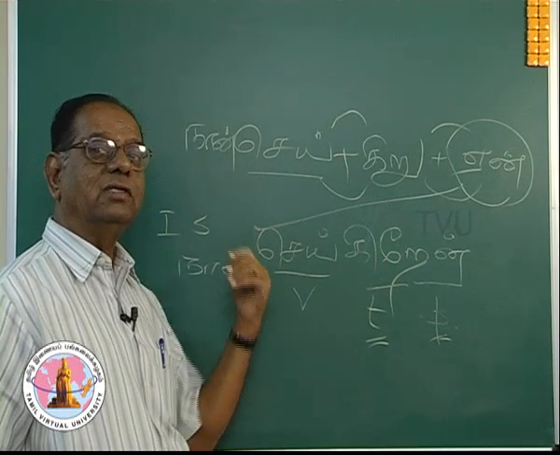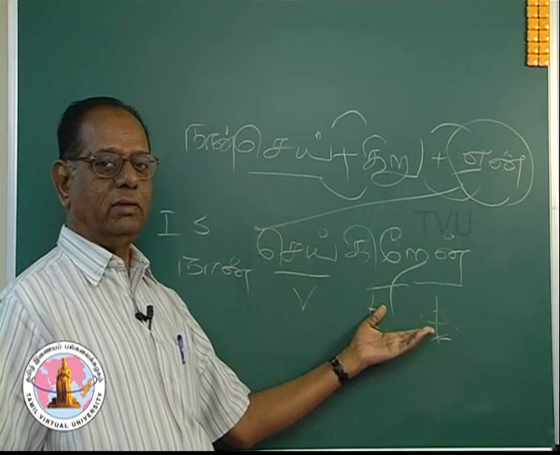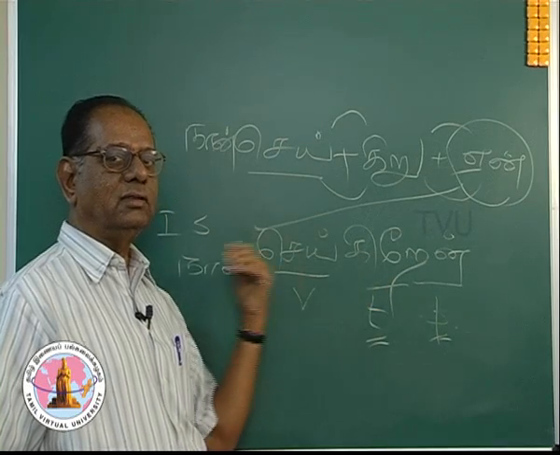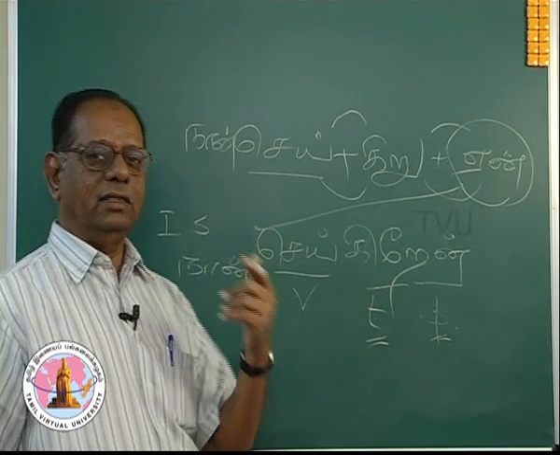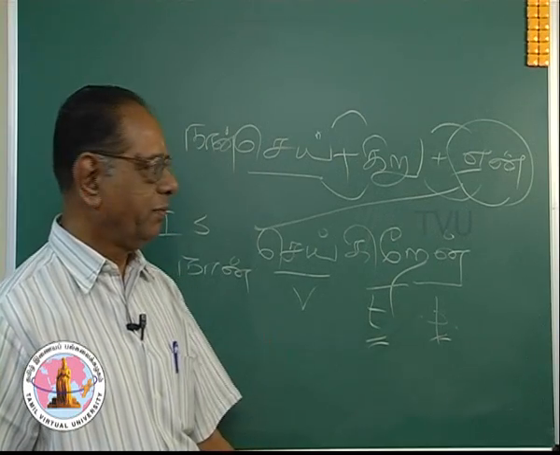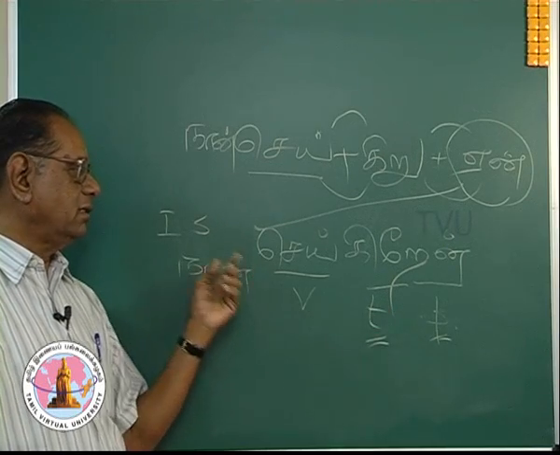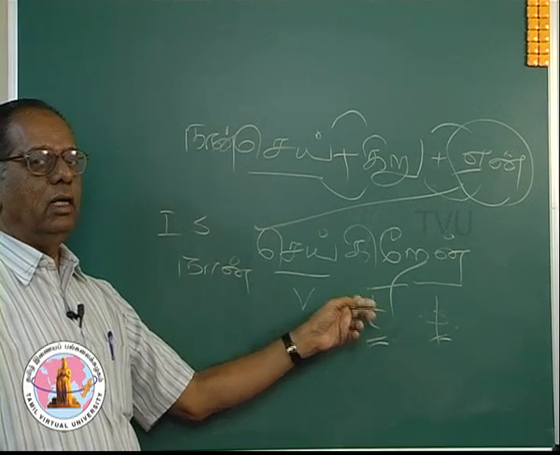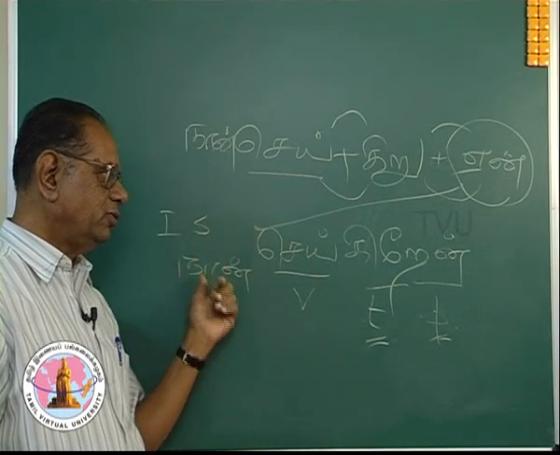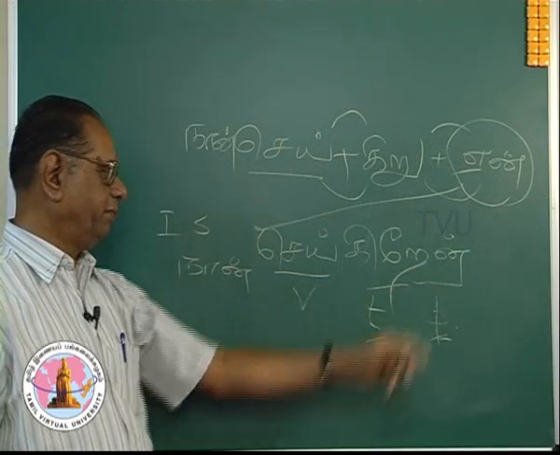Even in the absence of a subject, from the finite verb, you can find out everything about the subject. That is to say, the person, the number, and the gender. So, naan seygiren means I do, in the present tense. I, first person singular, is denoted by ஏன்.